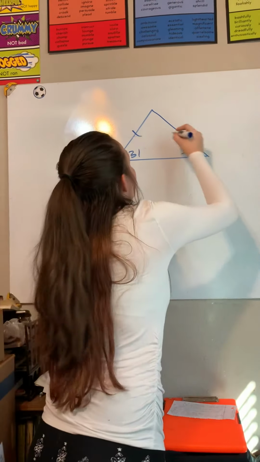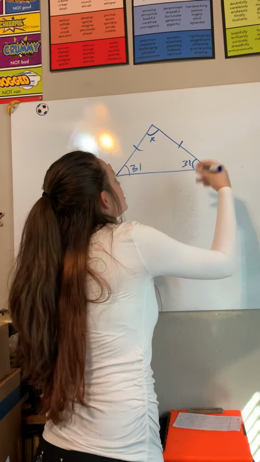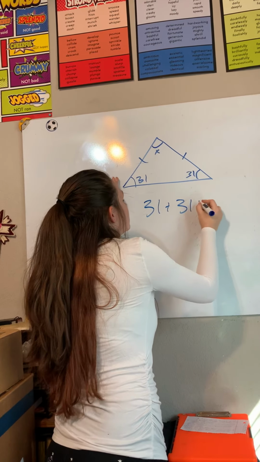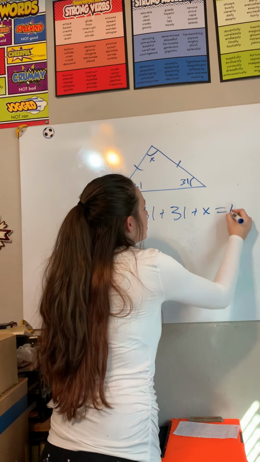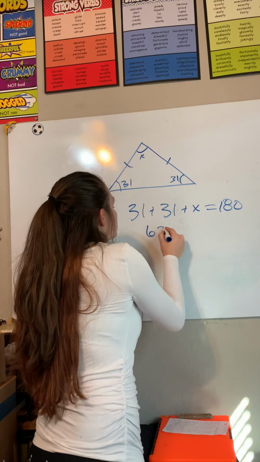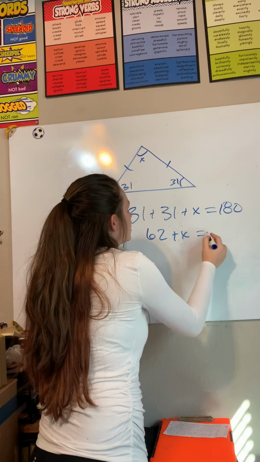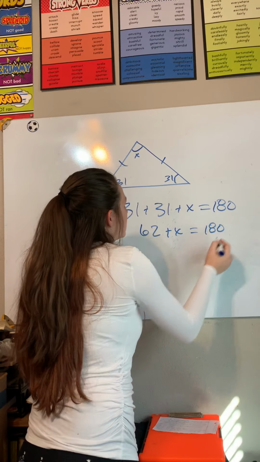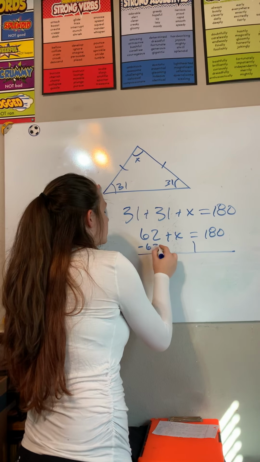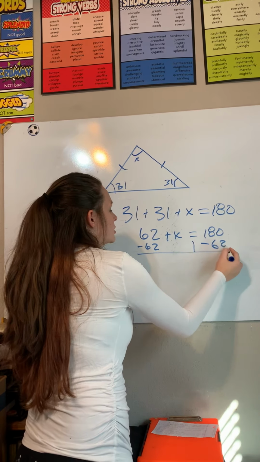Alright, so moving on. We still want to know what this angle is, so let's figure it out. 31 plus 31 plus X equals 180. That's 62 plus X equals 180. And we're going to subtract 62. Subtract 62.